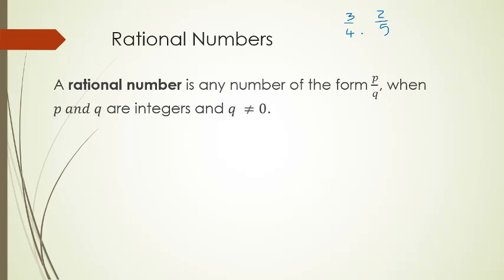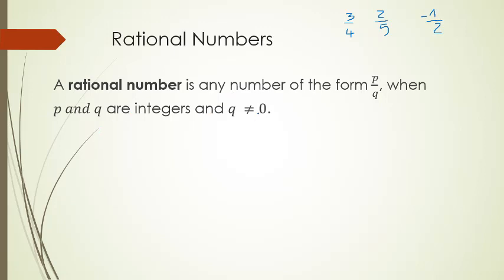If you don't want to say a quotient, you can say a division. Whenever you have a form like P over Q, in which P and Q are integers, what does that mean? It only means that the numerator can be a negative or positive number and the denominator can be a negative or positive number. Like this, you can have -1/2. This one is a rational number.